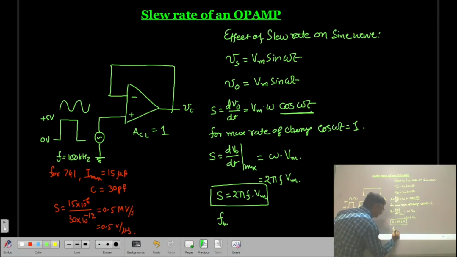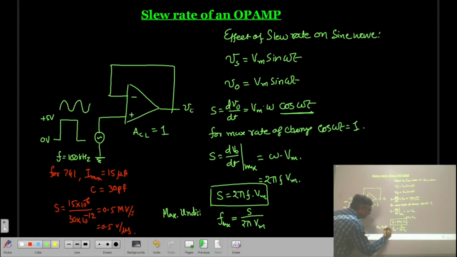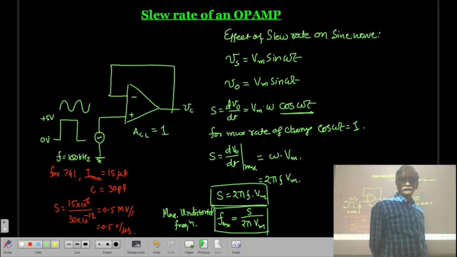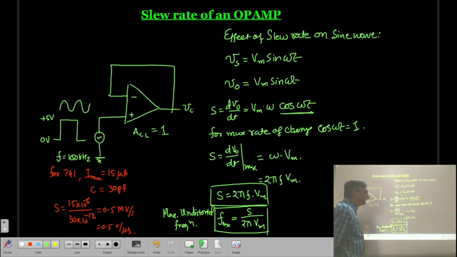F maximum is given as S divided by 2 pi into Vm. That is the maximum undistorted frequency. Now, if the applied frequency is greater than this, then your signal is going to be distorted. Remember.